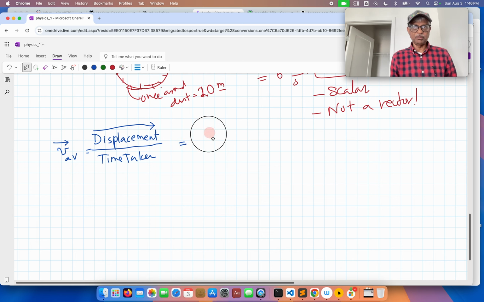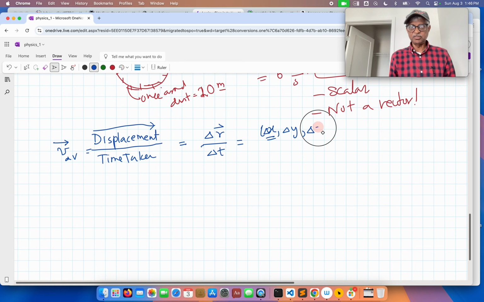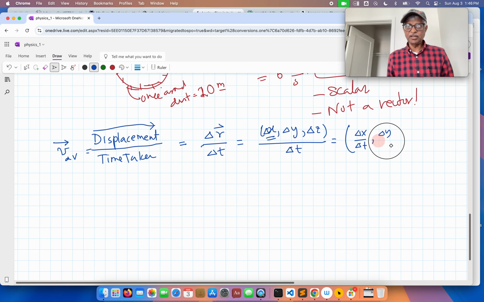There are many ways to write it. One is this, and we can write delta x this much along the x direction, this much along the y direction, and this one along the z direction, over delta t. So delta x over delta t is the rate at which the x coordinate was changing, and this is the rate at which the y coordinate was changing.